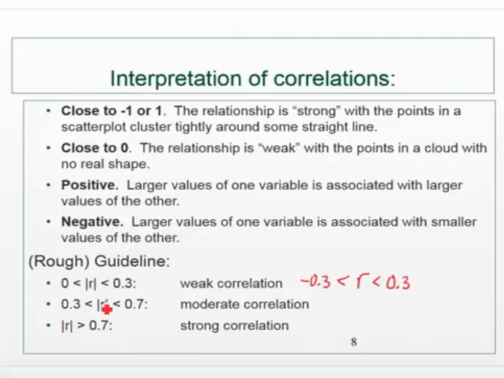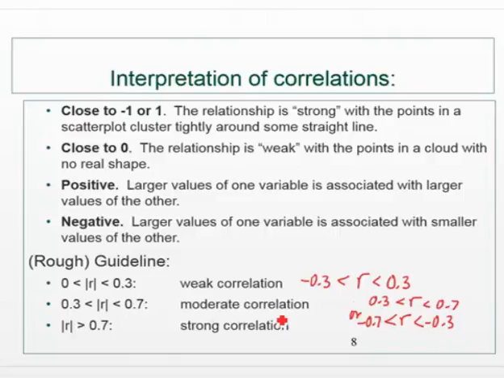Now if the magnitude of the correlation is between 0.3 and 0.7, so it would be like if R is between 0.3 and 0.7, or R is between what? Right, negative 0.7 to negative 0.3. Okay, so either way, you would say we have a moderate correlation.